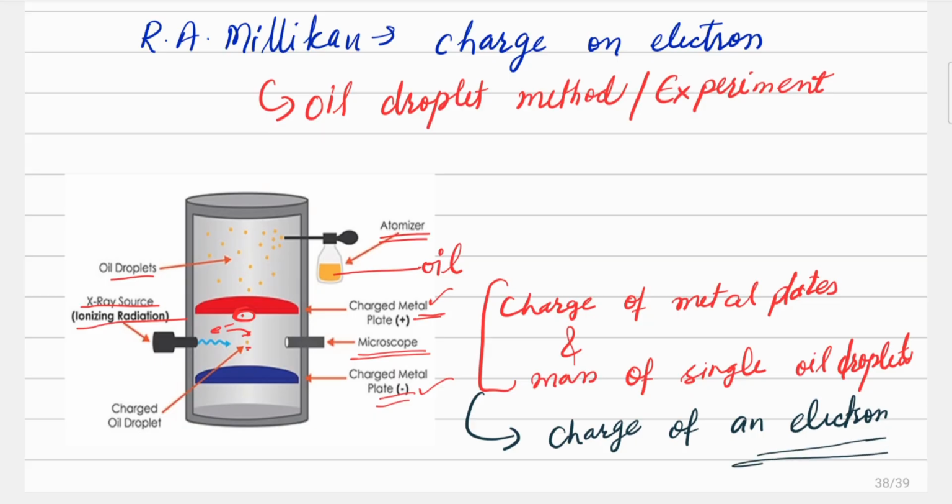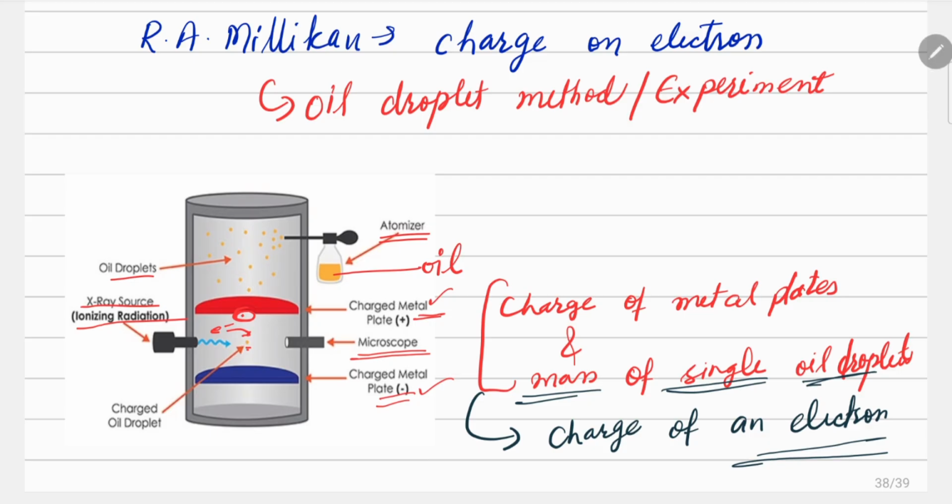Now you might be thinking, how did he get to know the mass of the single oil droplet? In the earlier stage, when there was no charge on the metal plates, a single drop was let to fall freely under the action of gravity. Then he calculated the mass of the single oil droplet.